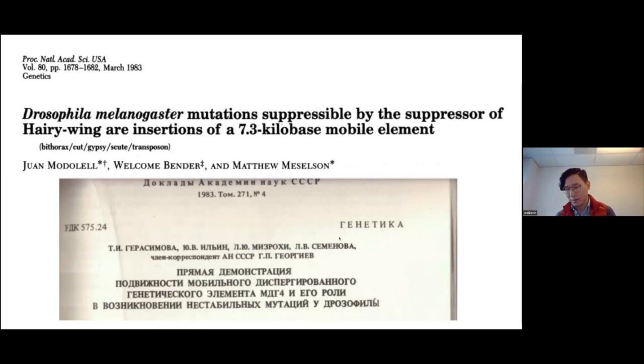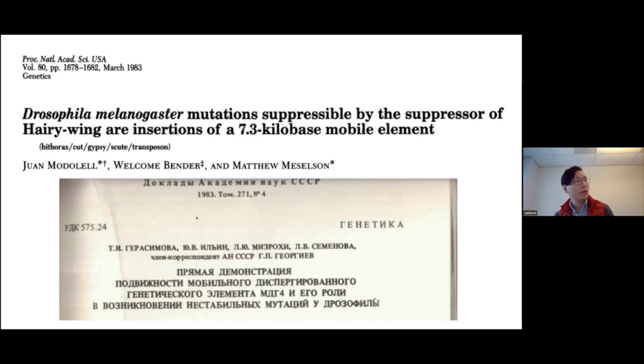One came out by a US group in PNAS, Proceedings of the National Academy of Sciences of the USA. The other one came out in the former USSR, in the Proceedings of the National Academy of the USSR. So I bet there was some kind of vying for being first.